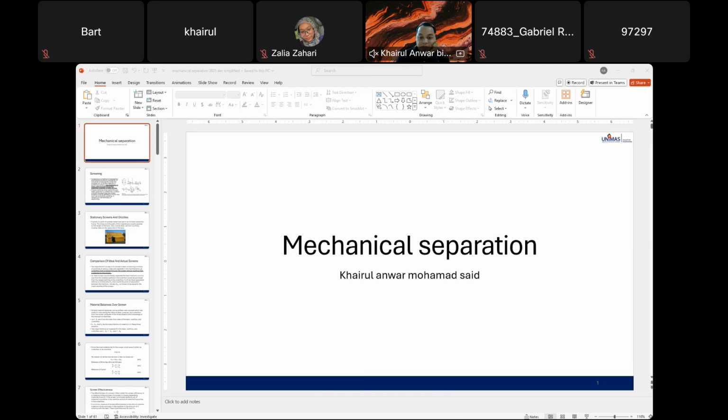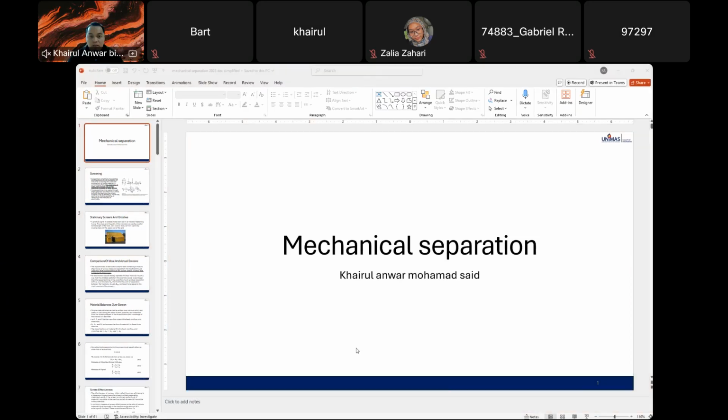Mechanical separation. For the slide, you can refer to elite.